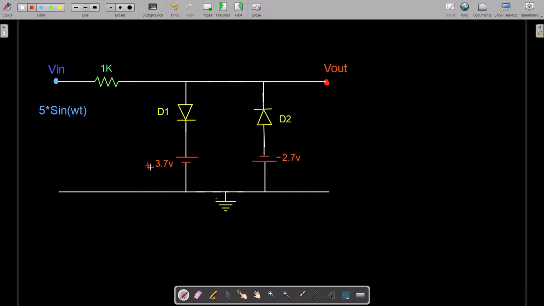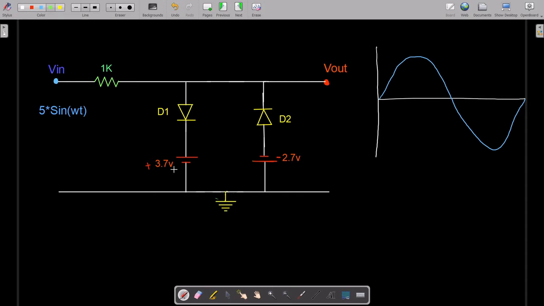After that, as I told you in the previous sessions as well, whenever you get these voltages, you should draw the AC waveform. So you should always draw one AC waveform. This is plus 5 sin omega t and then it is minus 5 sin omega t, correct.